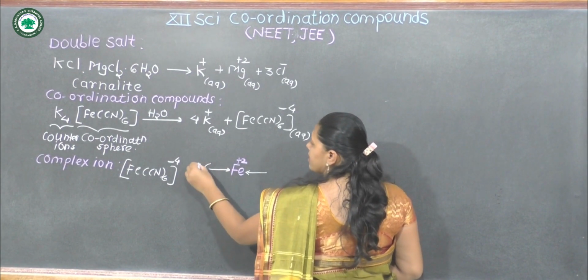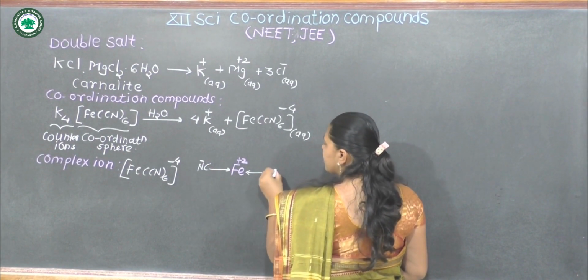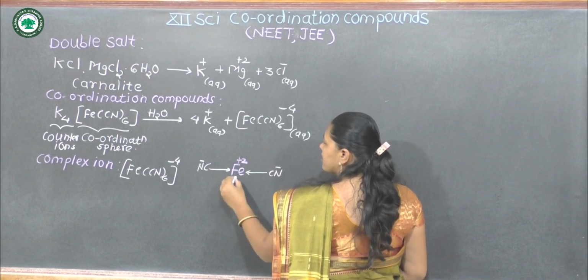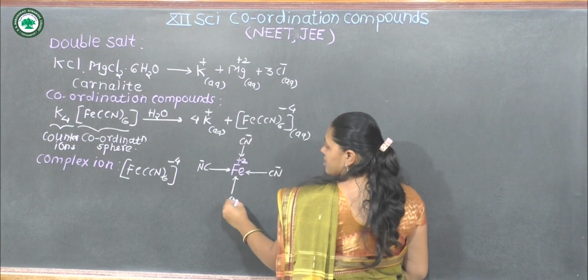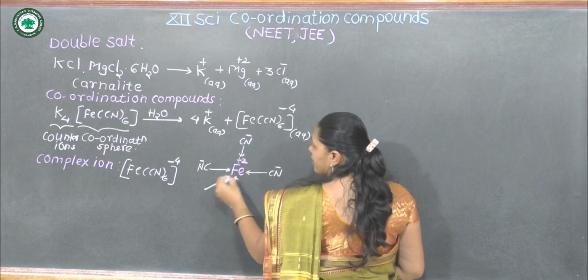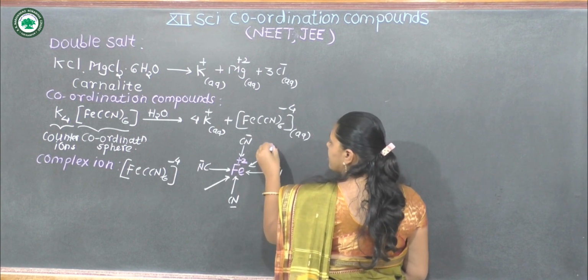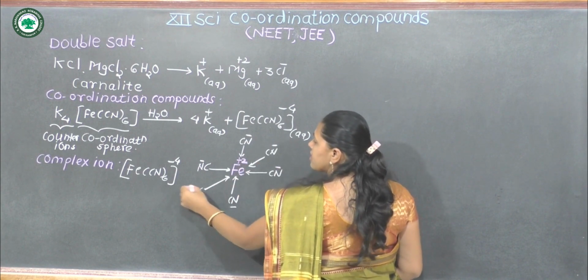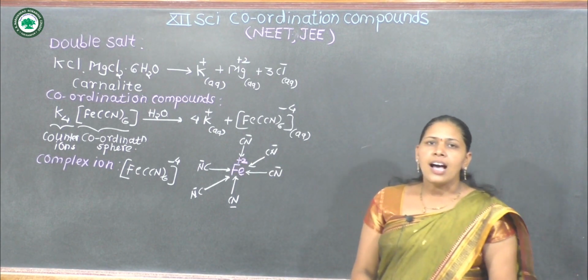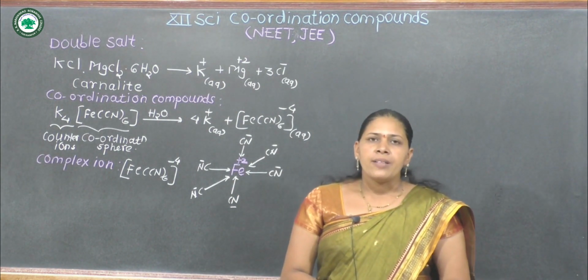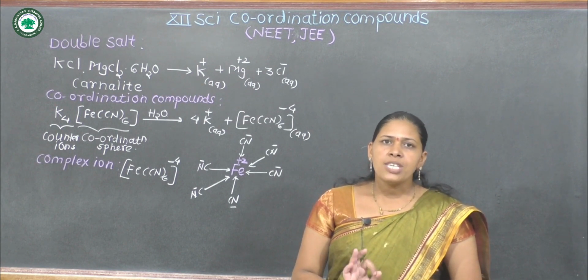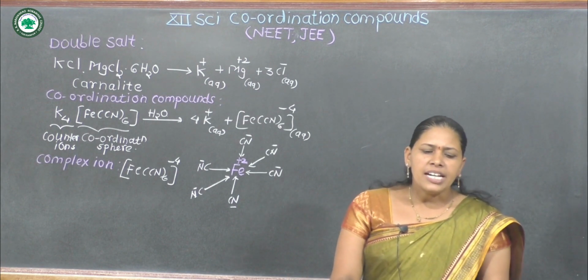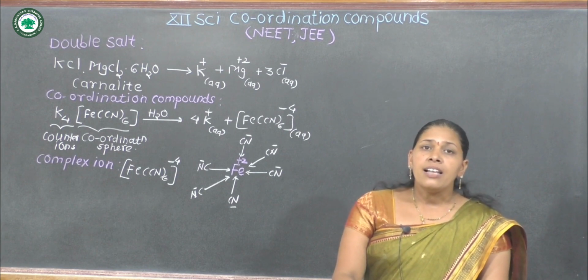In this way, 6 cyanide ions are surrounded by the central metal, that is the iron +2 cation. It is called the central ion.